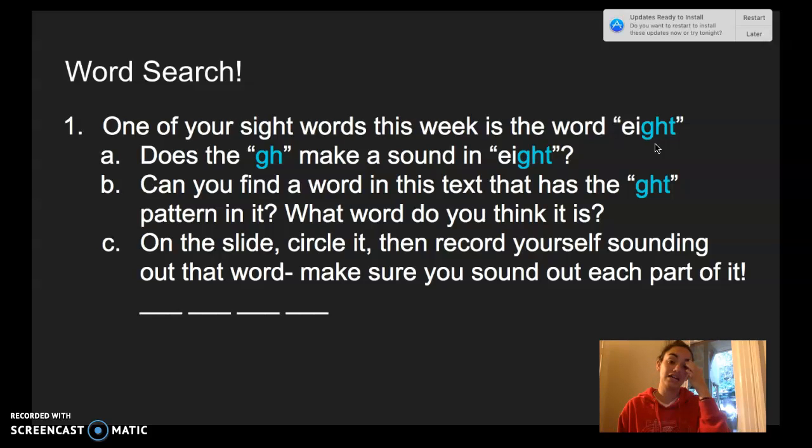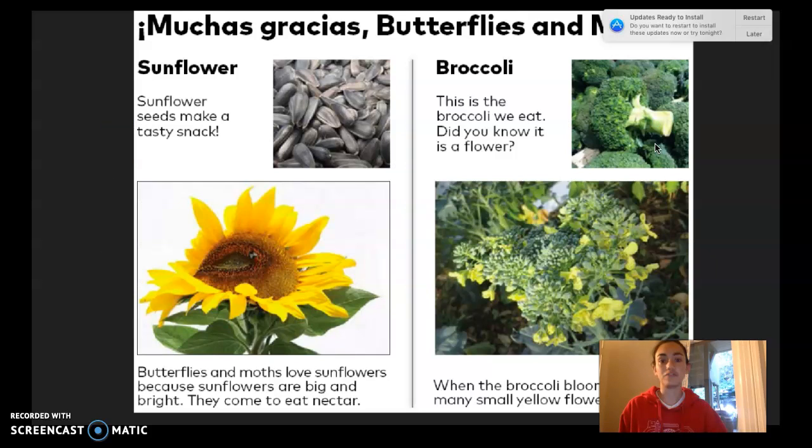So on the next slide, I want you to circle the word that has that GHT pattern in it, and then record yourself sounding out that word so that I know that you can figure out what word it is. And if you're not sure, do your best. I just want to see how you're sounding it out. And then when I read the text to you, you'll get the answer, okay? But please try it out on your own first and see if you can figure it out. So if you need to stop the video, you can stop it now and go to Seesaw and circle what you find in this text on one of the slides.